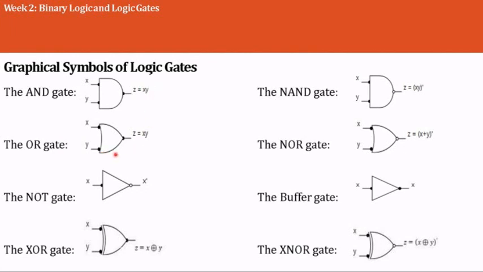So this is our symbol for the OR gate. We have input X and we have input Y. So let me correct this one.